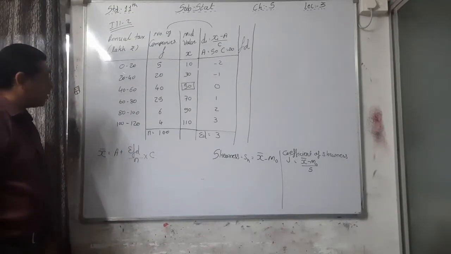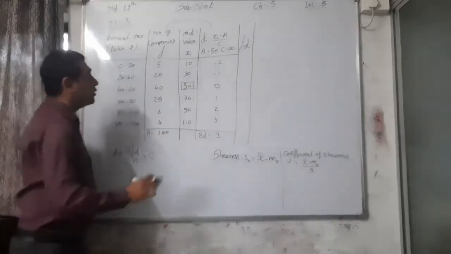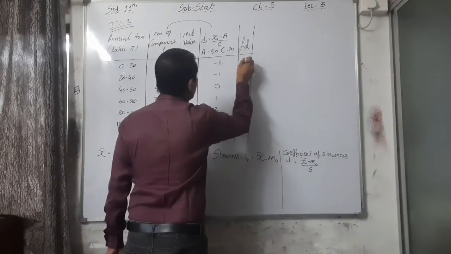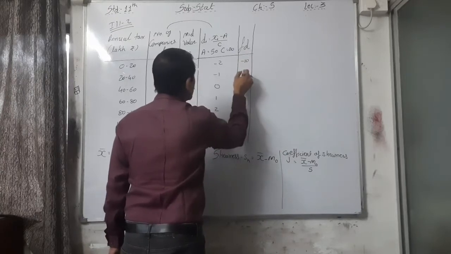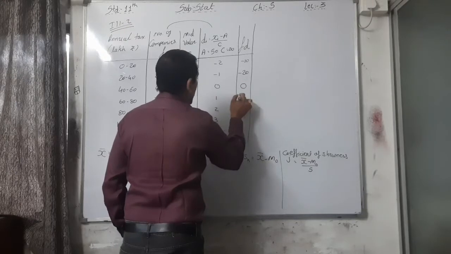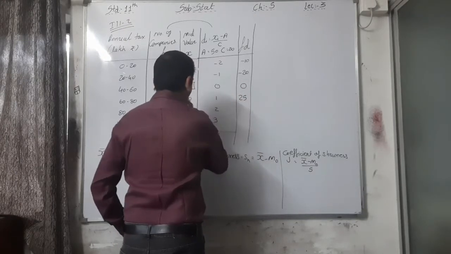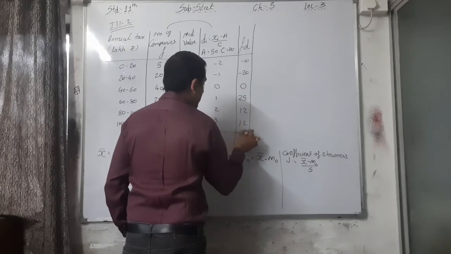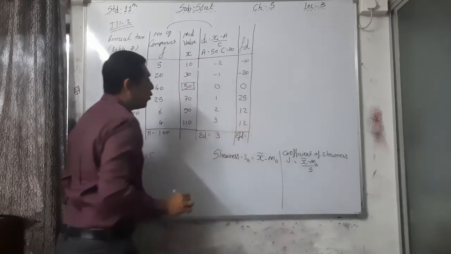So here we need FD. Now the multiplication of these two: minus 10, then minus 20, then 0, then 25, then 12, and then 12 again. Sigma FD is equal to what?